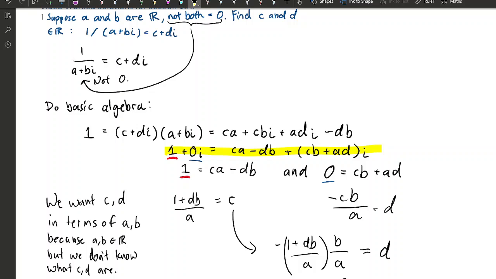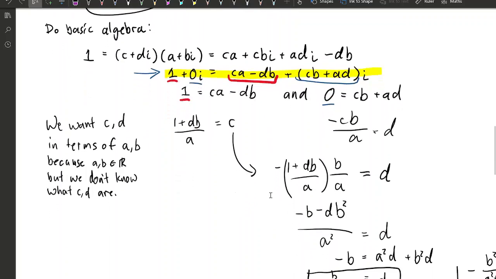Then you can match up the real term and complex term with your left-hand side. So ca minus db would be 1 equal to 1, and 0 equals cb plus ad.